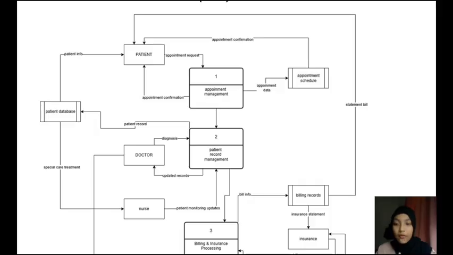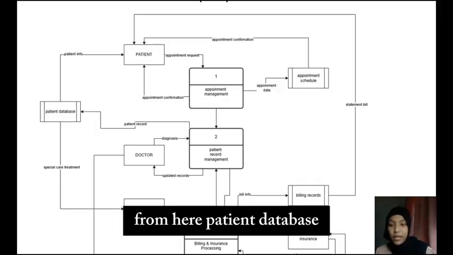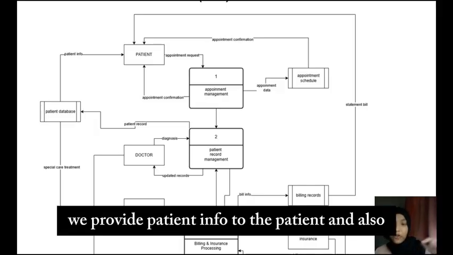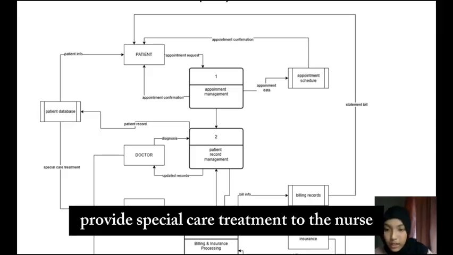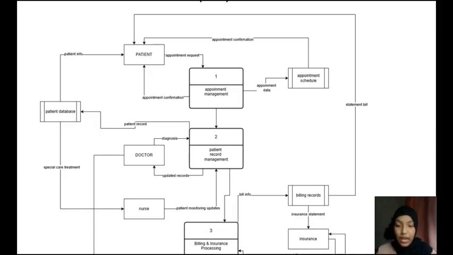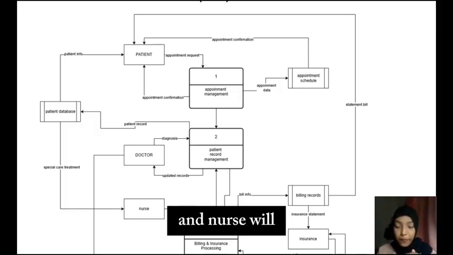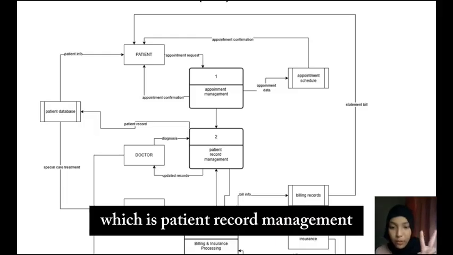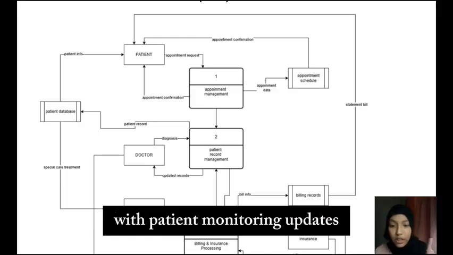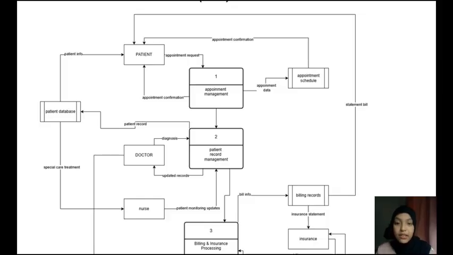From the patient database, we provide patient info to the patient and also provide special care treatment to the nurse. And the nurse will provide patient monitoring updates to the second process, patient record management.